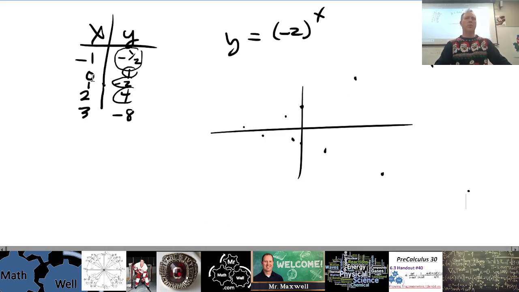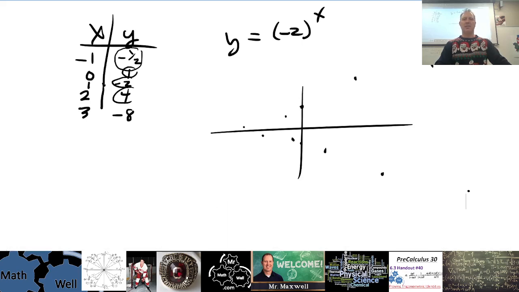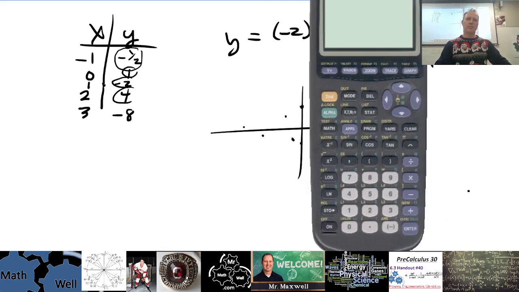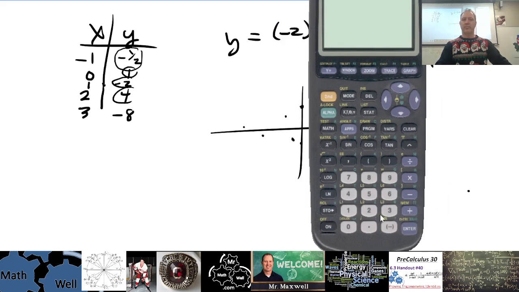And then if you took something like negative 0.79, what's negative 2 to the power of negative 0.79? Okay, negative 0.57.